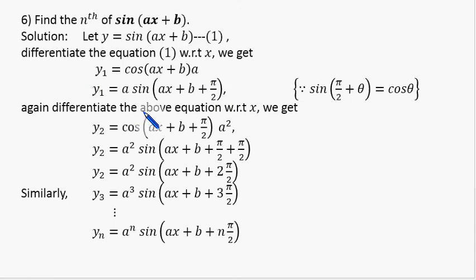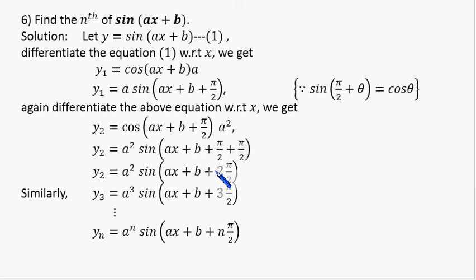Again, we differentiate the above equation with respect to x, that is y2 is equal to a cos of ax plus b plus pi by 2. Here a is there, so differentiating this term with respect to x gives a into a, that is a square. Again, cos can be written in terms of sine, that is y2 is equal to a square into sine of ax plus b plus pi by 2 plus pi by 2.